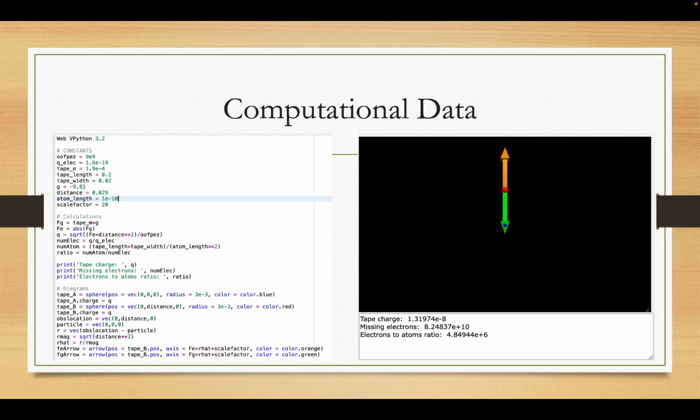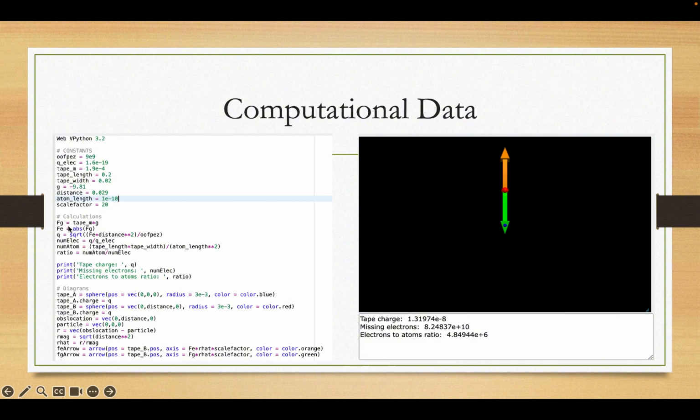Going to the computational data, we tried finding out what the charge was on each tape and the ratio of electrons to atoms. Over here we can see our code that we set up. We have the charge of an electron, the tape's mass, length, width, constants like gravity, the distance, the length of an atom, and our scale factor we use to see our diagram.